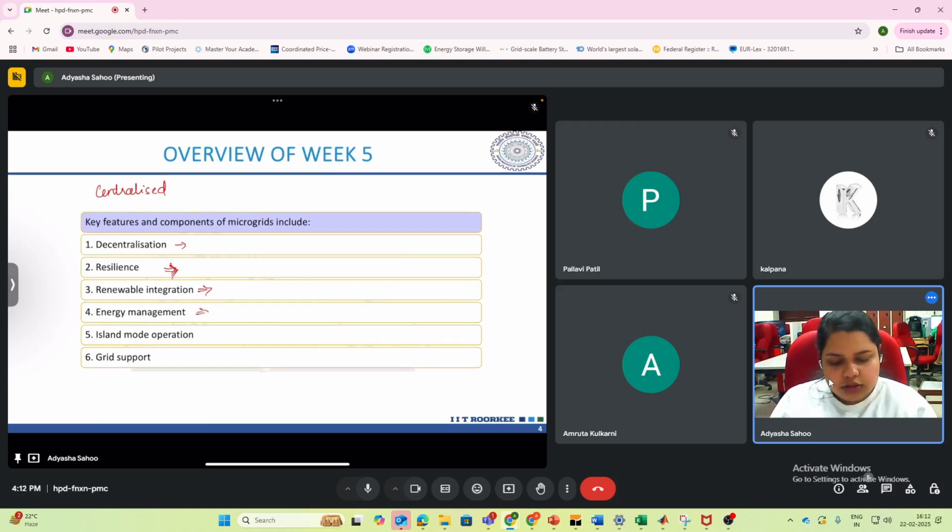For this you have to install an energy management system, popularly known as the EMS. The function of the EMS is that it has various controllers to regulate the voltage and frequency within the microgrid.